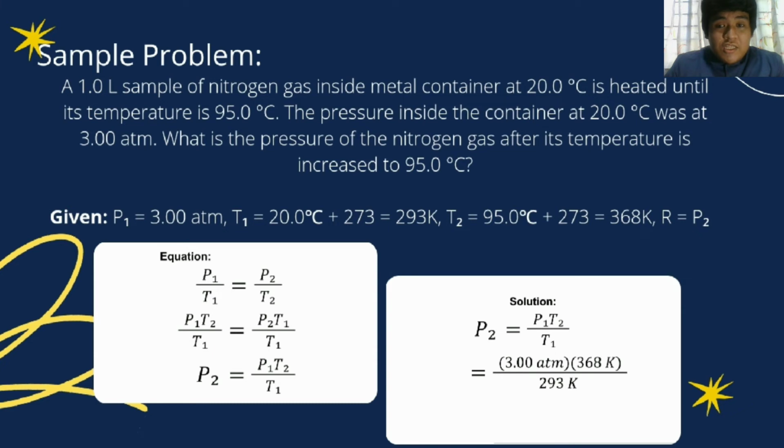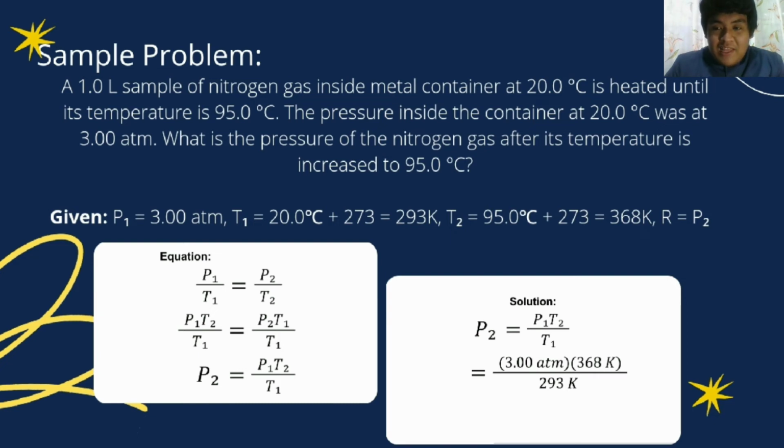So first, we need to multiply. 3 atm multiplied by 368 Kelvin is equal to 1,104 atm times Kelvin. So after that, we need to divide.